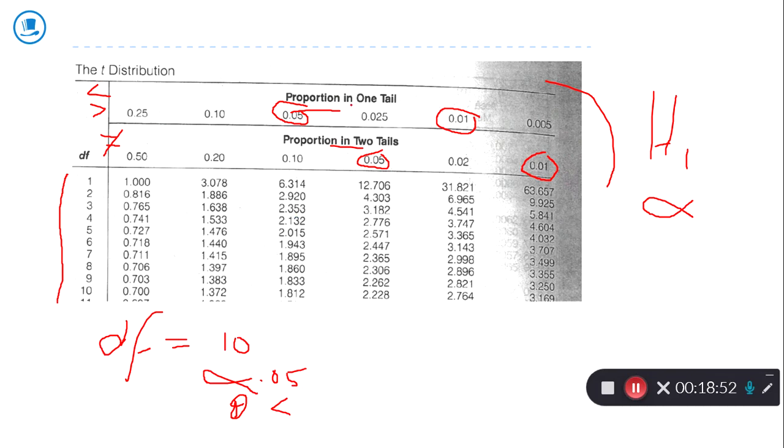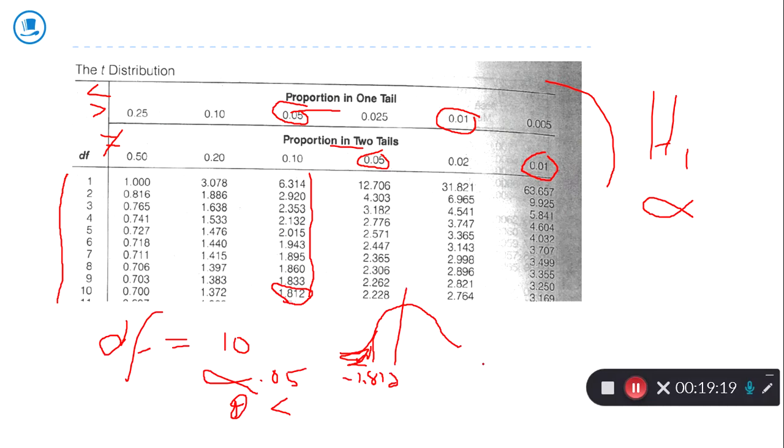So one tail, 0.05, and then we read down to this entry right here, the critical value is 1.812. So in setting up the rejection region, 1.812, and it would be negative, is the t-value that marks off 5%, marks off the rejection region.